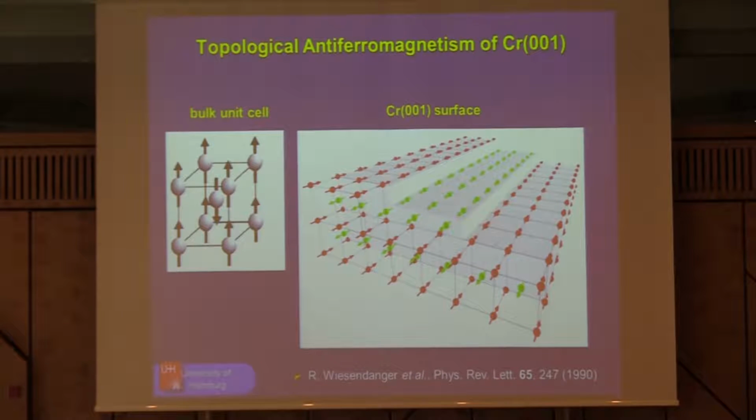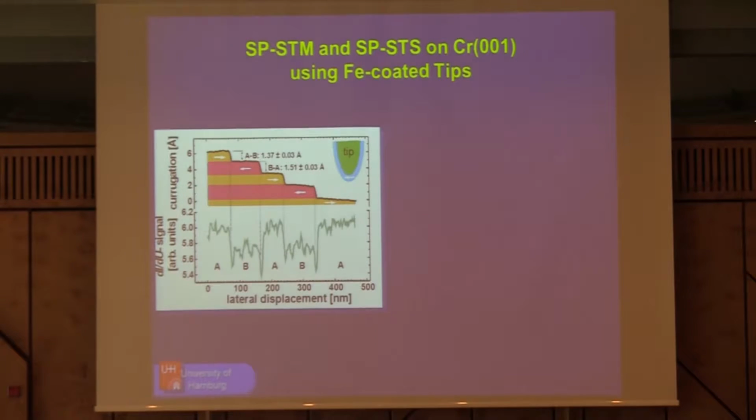This was applied at the end of the 80s already and published in 1990, where in addition to these monatomic step heights, we could see a clear periodic alternation of the measured step heights. This periodic alternation was exactly due to the spin-polarized tunneling effect, and the differences between the measured heights and the structural heights, which you expect, could be directly related to the spin polarization of tip and sample.